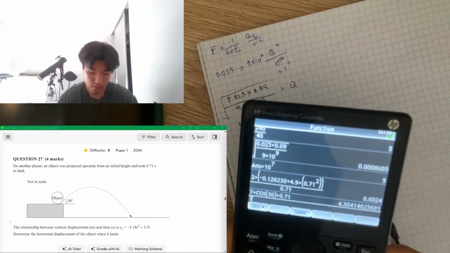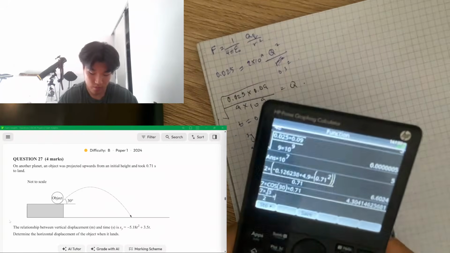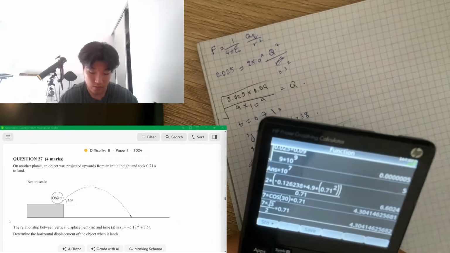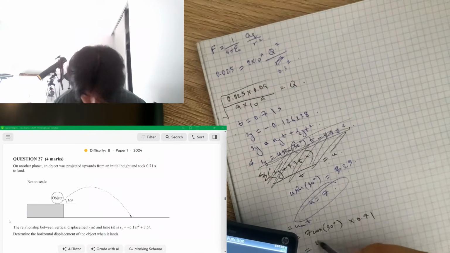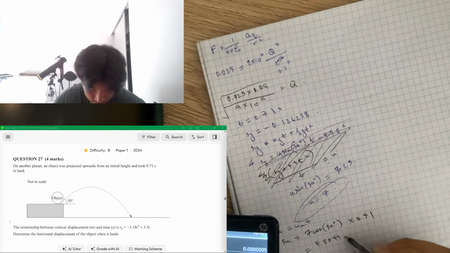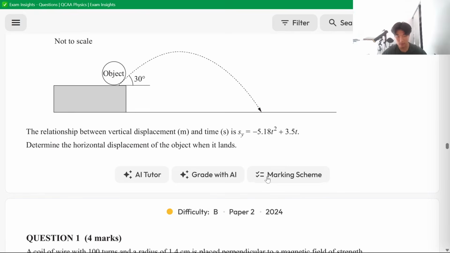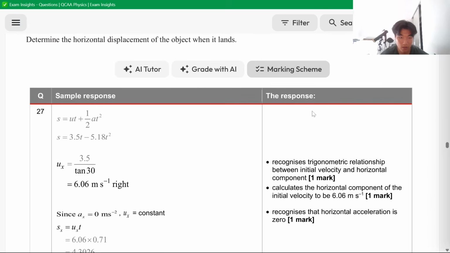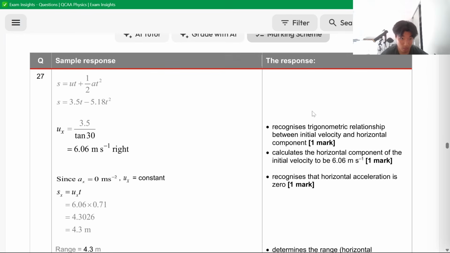This is also equal to 7 times square root of 3 over 2 multiplied by the time. Since we know that cosine 30 degrees is square root 3 over 2, it's an exact value. So then we get an answer of 4.3 meters. Yeah. Okay.